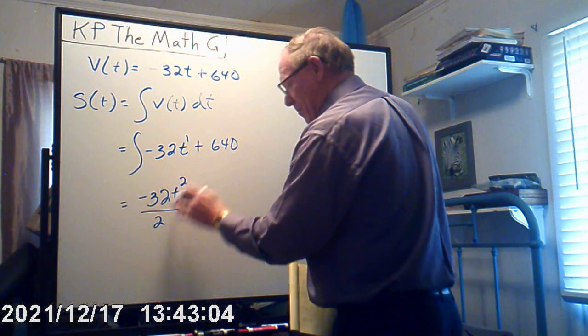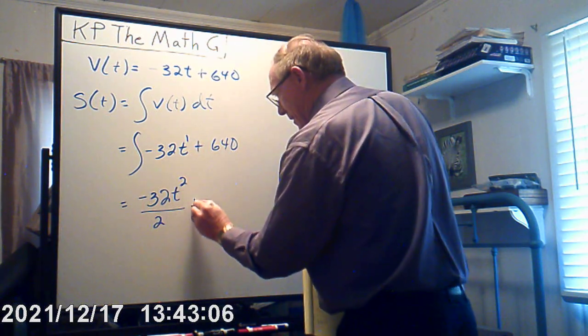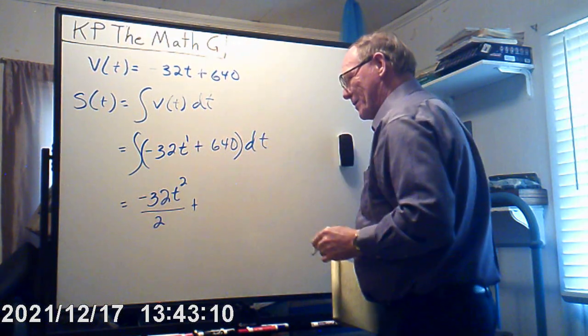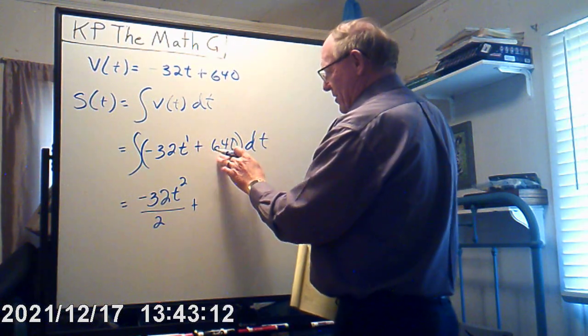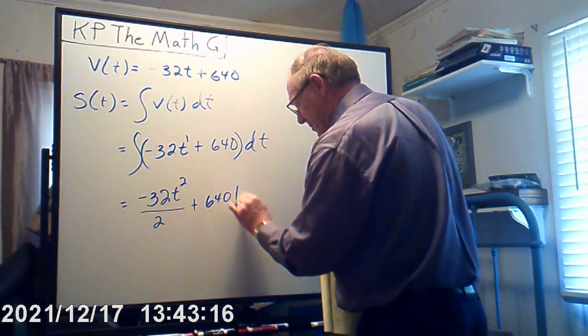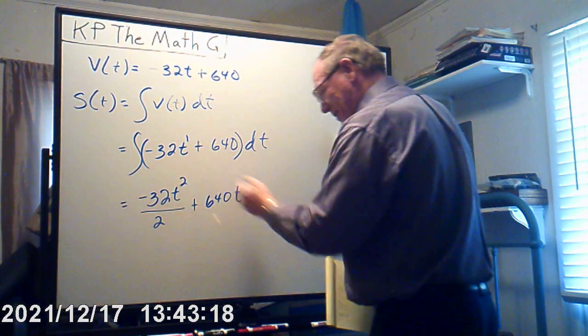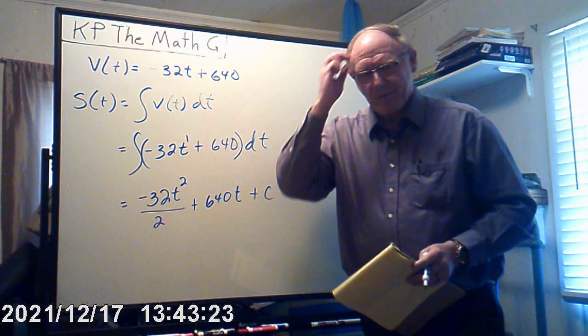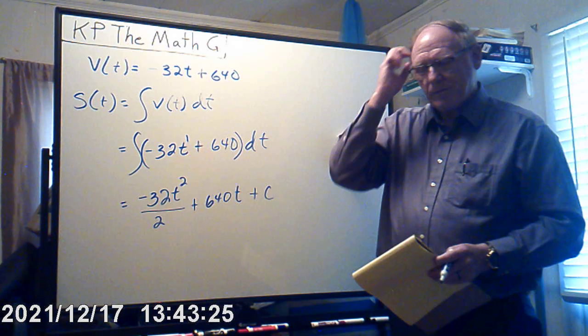So after we add 1, we put that in the denominator. Plus 640. Remember, if it's just a constant, you simply put the letter out there, so that's t. And then now plus c.